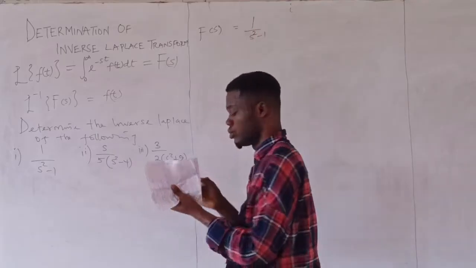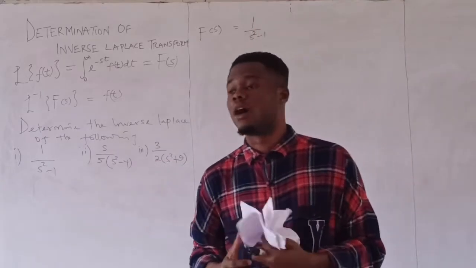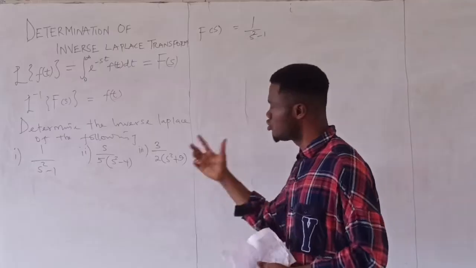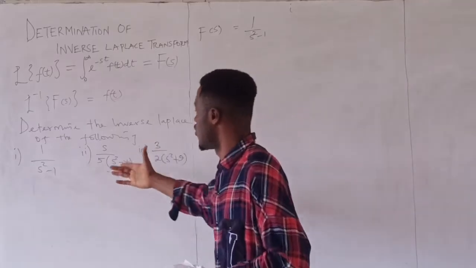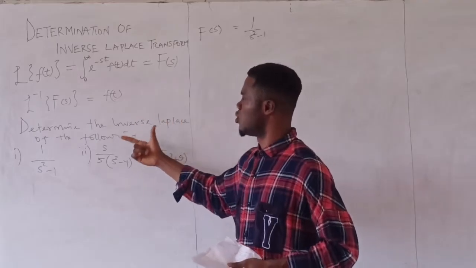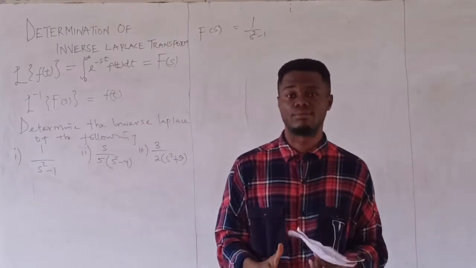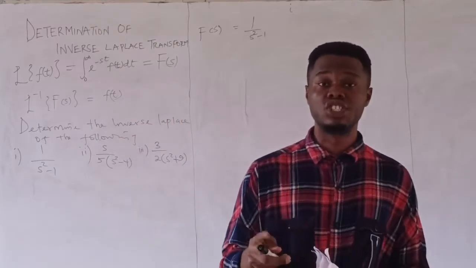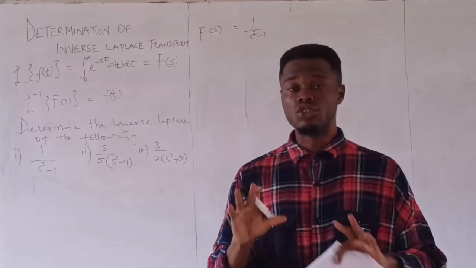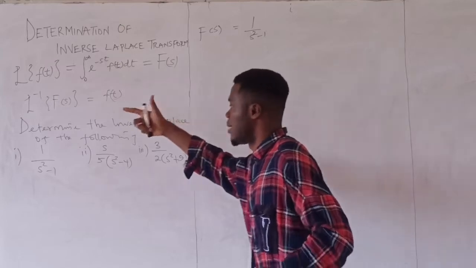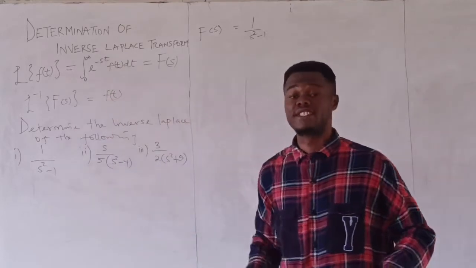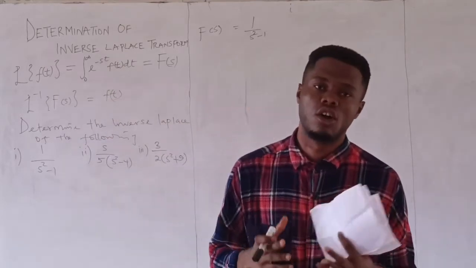Right? So, how do you determine this inverse Laplace transform? When you are given a function and you were asked to determine the inverse of that Laplace transform, the first thing you have to do is to look at the denominator. You use the denominator to decipher which type of f of s and which type of f of t you are going to have. Alright?